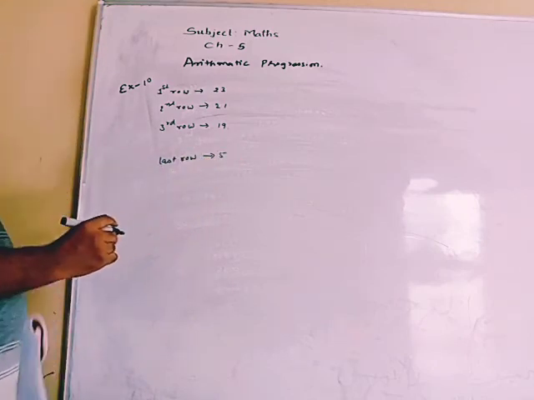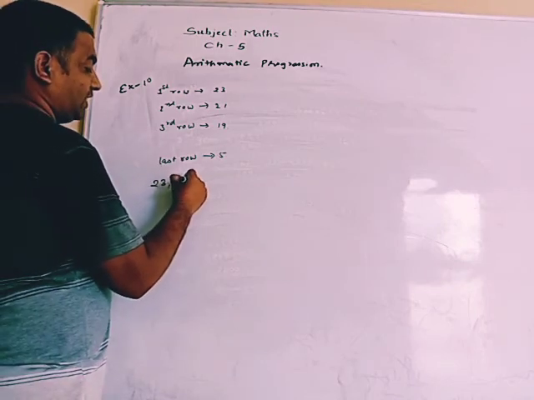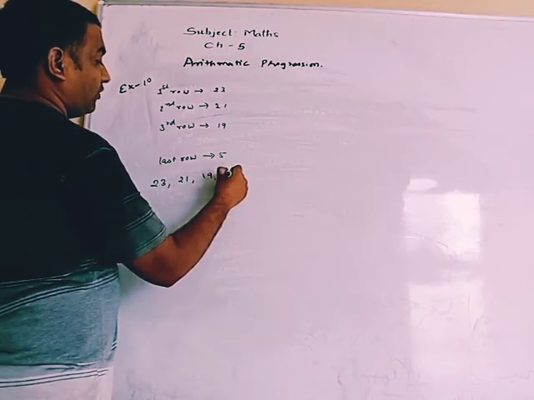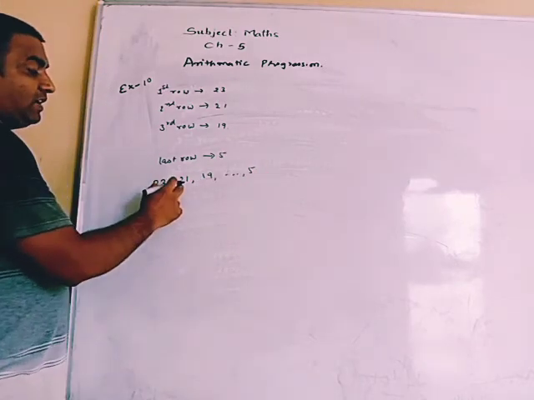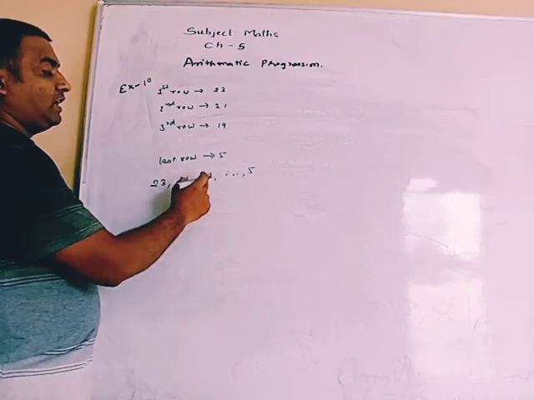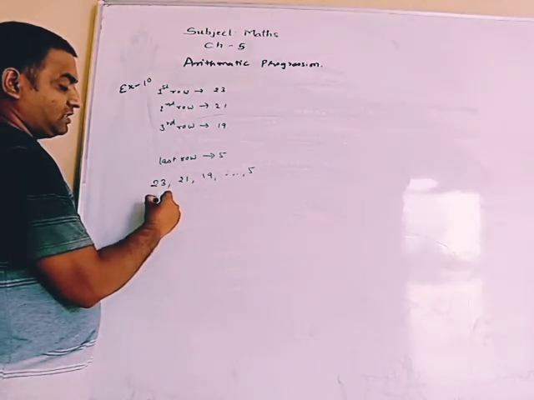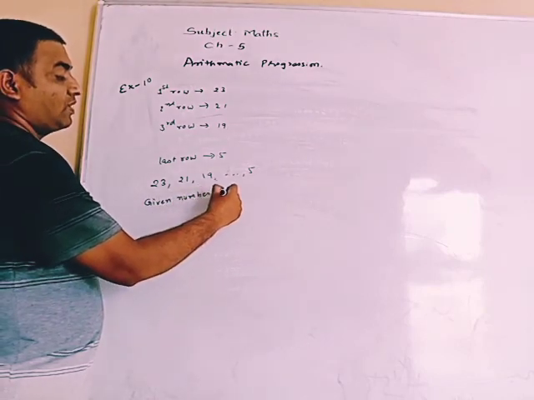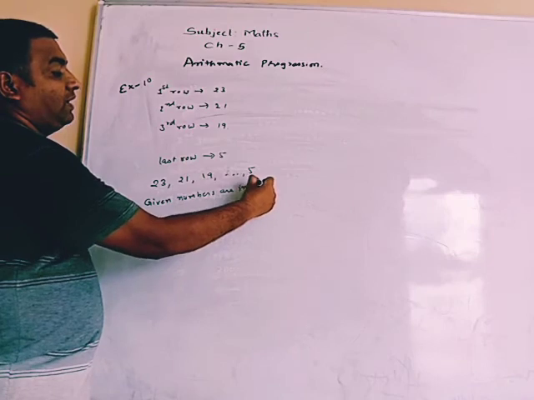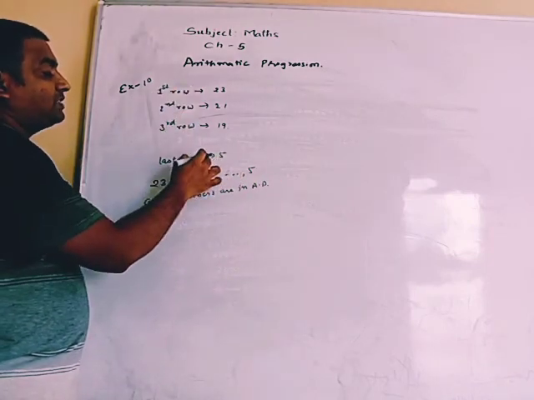Then how many rows are there? We can write this sequence as 23, 21, 19, ..., 5. We can see that 21 minus 23 is minus 2, and 19 minus 21 is minus 2, so the given numbers are in AP.